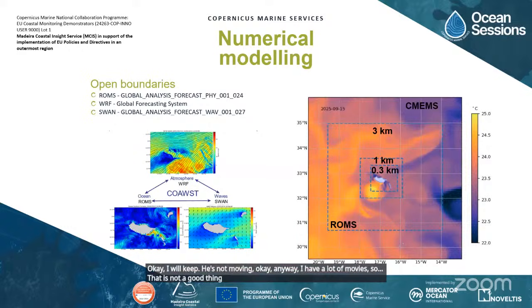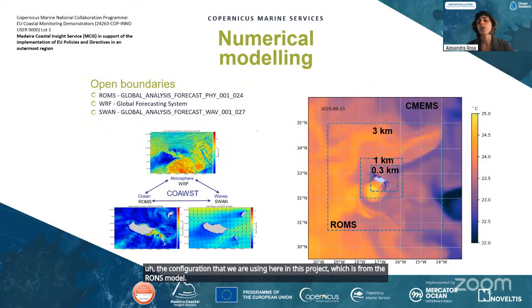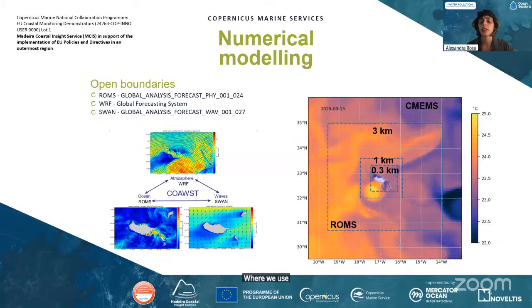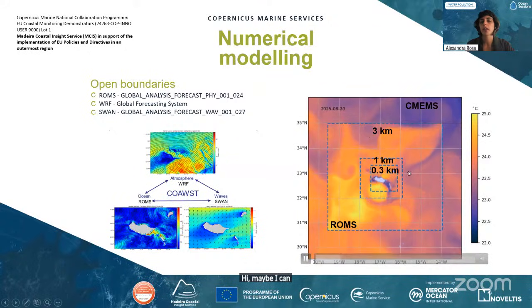But anyway, basically, in the right panel you can see the configuration that we are using in this project, which is from the ROMS model, where we use the Copernicus model to feed our models, which have higher resolution. Maybe I can keep playing. Okay, great.